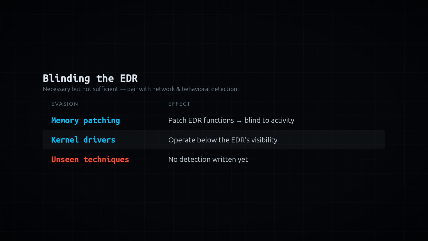This is the cat-and-mouse dynamic at the frontier of offensive and defensive security. EDR vendors push new detections. Attackers develop new evasions. The cycle continues. The practical implication for defenders is that EDR is necessary but not sufficient. Network-level detection and behavioral analytics provide different visibility.